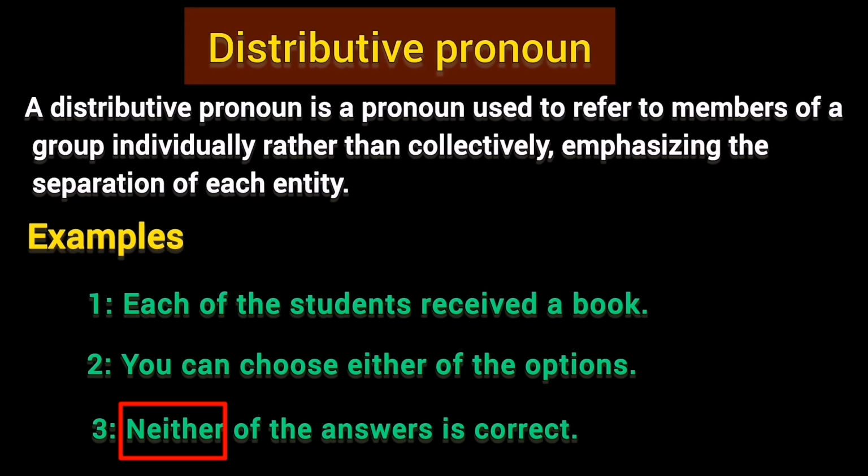Simply, you can say, when two options are given to you and someone asks you to choose the correct one and you say that neither of them is correct, it means that both of them are incorrect. Basically, it specifies that both of the two given answers are incorrect. It individually excludes each option. Instead of collectively saying that the answers are incorrect, it distributes the exclusion to each answer separately. I hope you have got it.